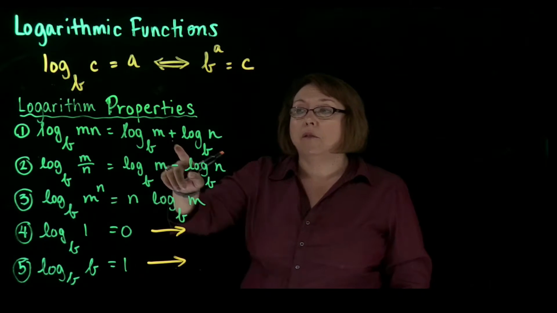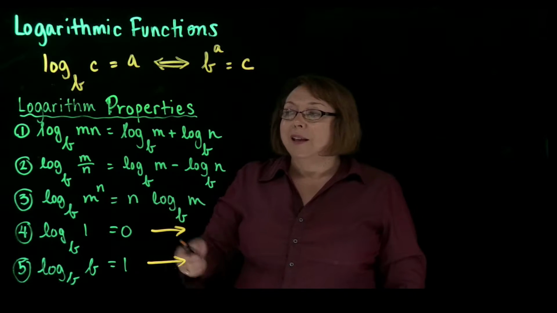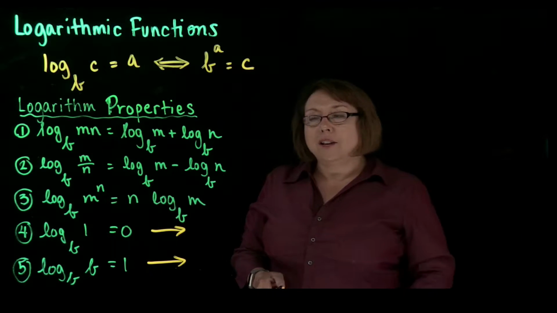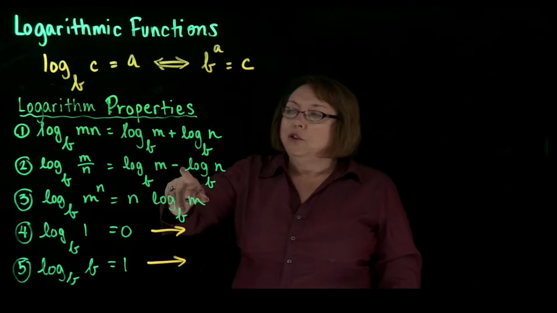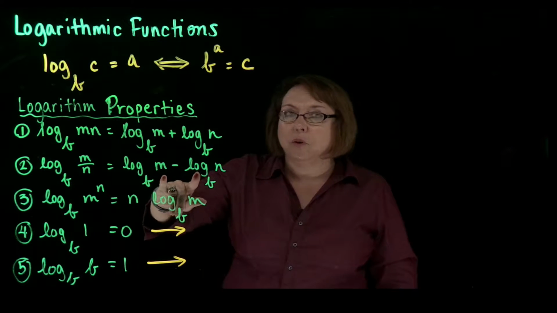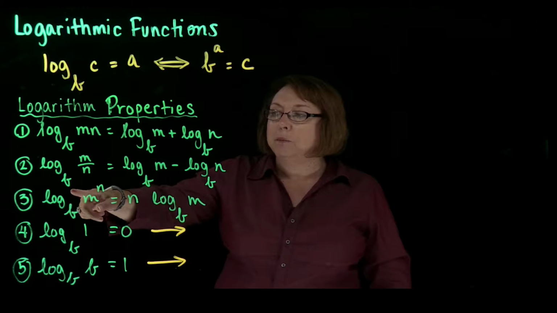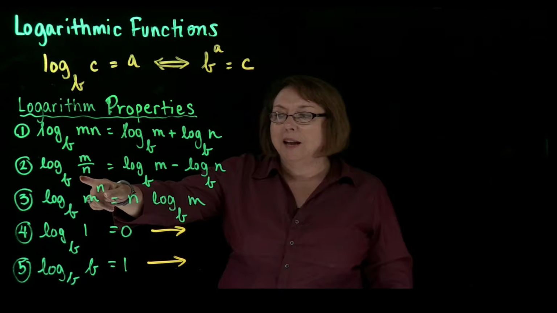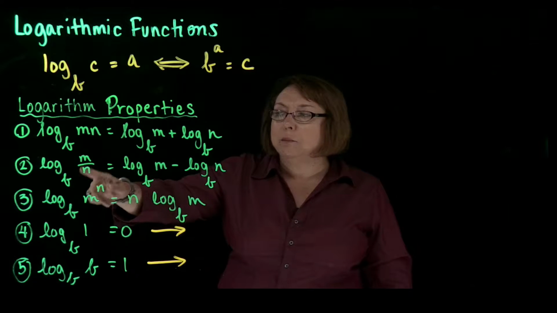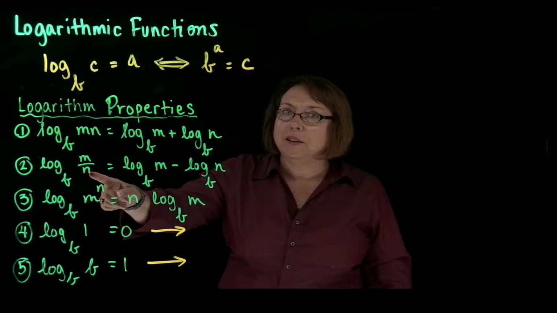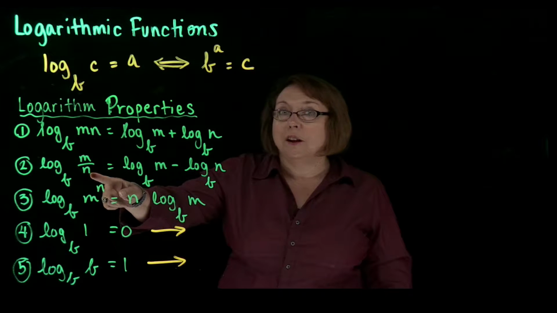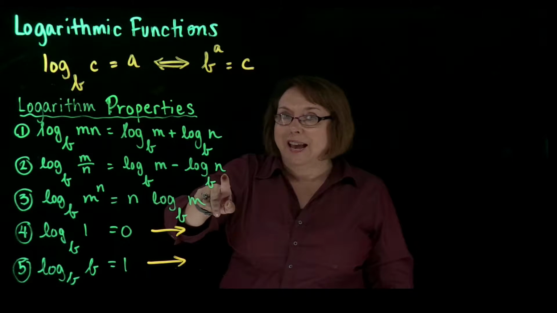If you are taking the logarithm of a quotient, you subtract the individual logarithms. So log base b of m divided by n is the log base b of m minus the log base b of the quantity in the denominator, n.